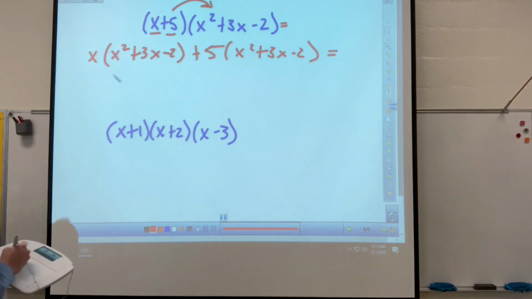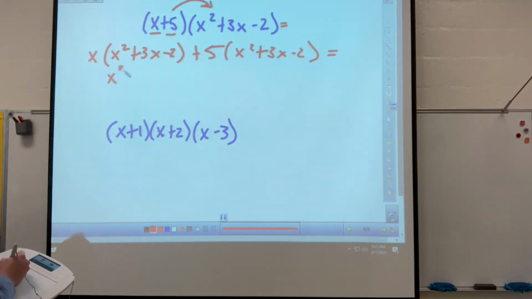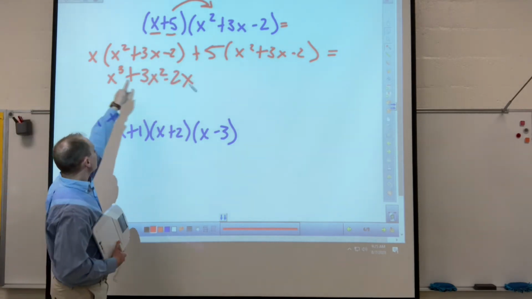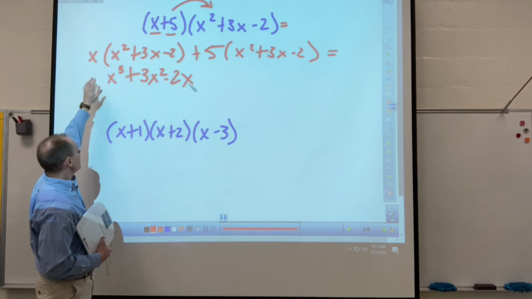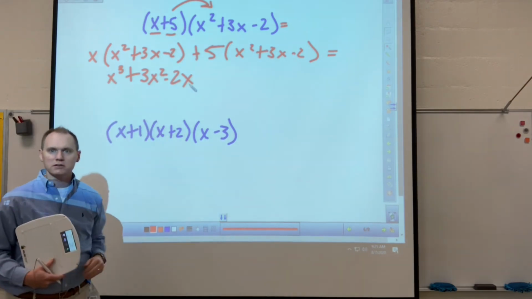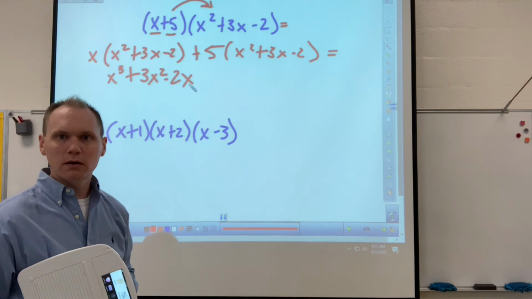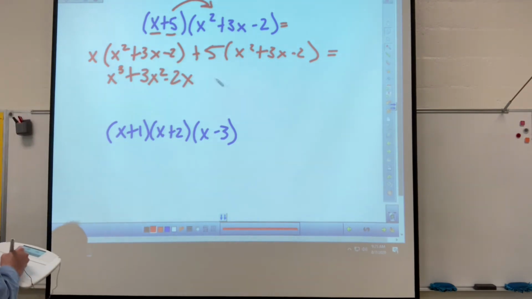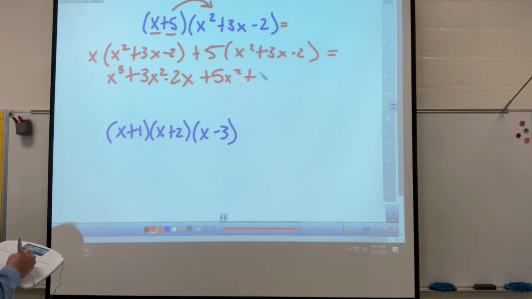Okay, so let's distribute x. We're going to have x times x squared is x cubed, plus x times 3x is 3x squared, minus 2x. Basically, when you multiply a polynomial by x, every term increases its exponent by 1. Plus, let's distribute 5. So we have 5x squared plus 15x minus 10.